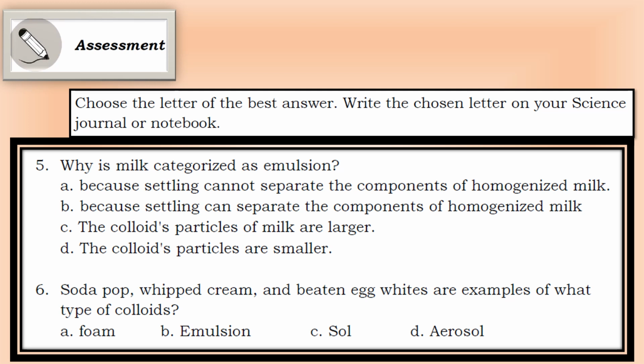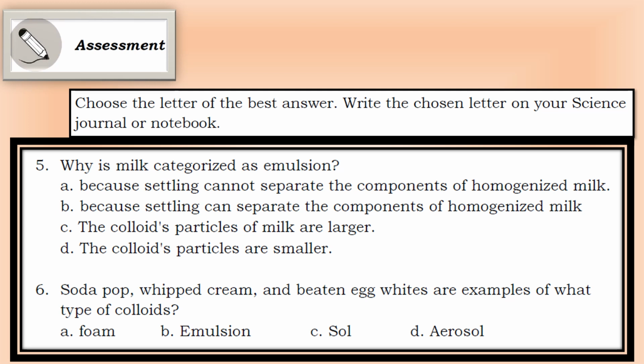A. Because settling cannot separate the components of homogenized milk. B. Because settling can separate the components of homogenized milk. C. The colloids particles of milk are larger. D. The colloids particles are smaller.